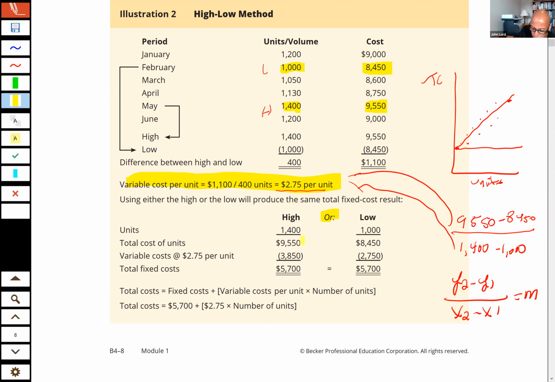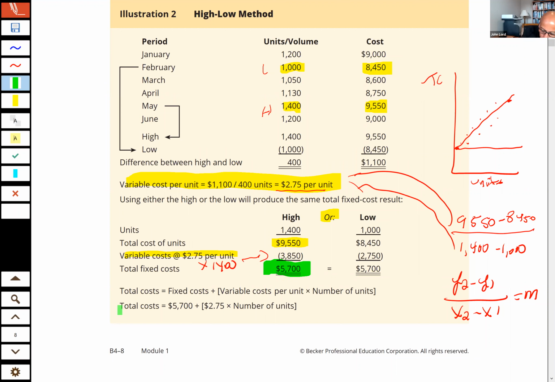My total cost at the high is 9550, and my variable cost at that number of units is 275 times 1400, which gives me 3850. So total cost minus variable cost gives me the fixed cost.